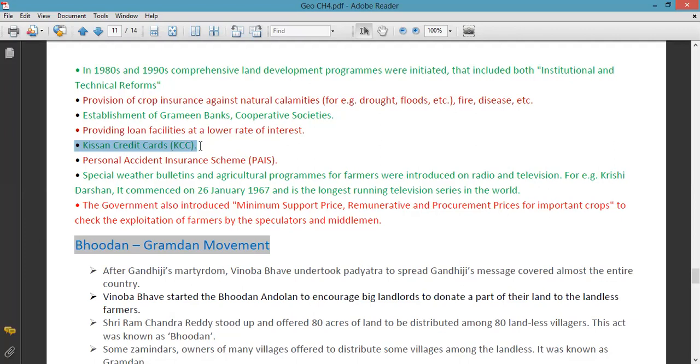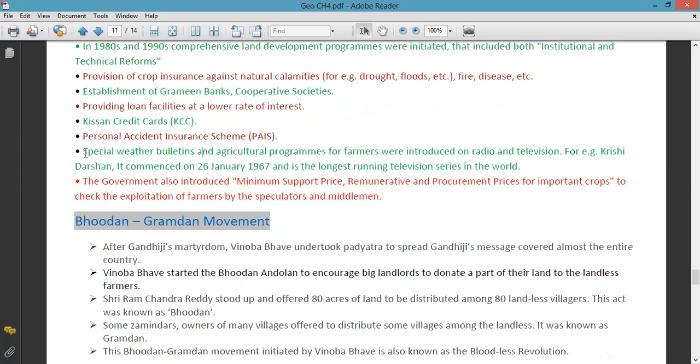Using this credit card, a farmer can get a loan up to 1 lakh in practice. Next, the Personal Accident Insurance Scheme, in short PAIS. It's a kind of insurance scheme covering a farmer, not for common people. It's not applicable for common people.